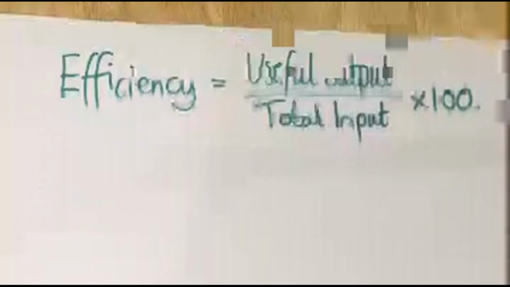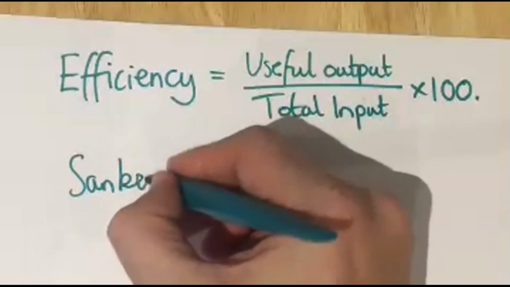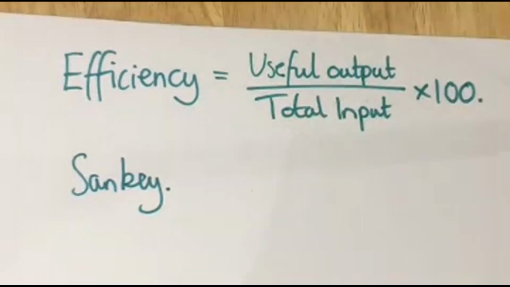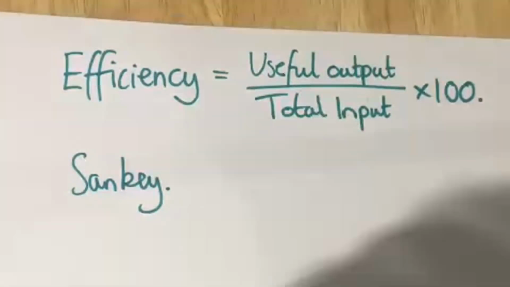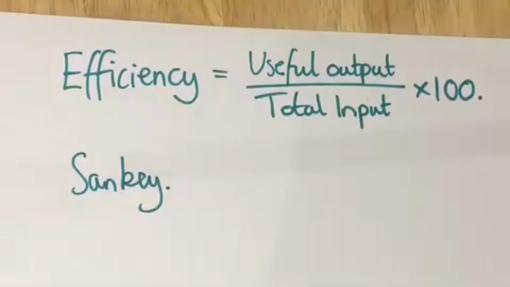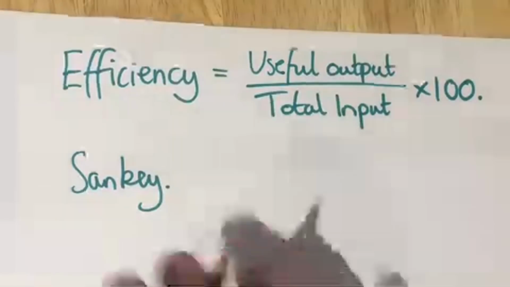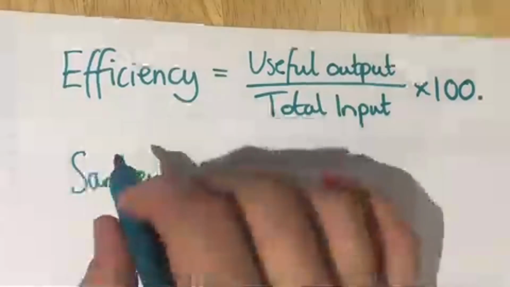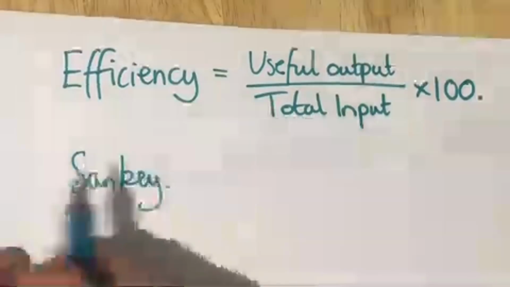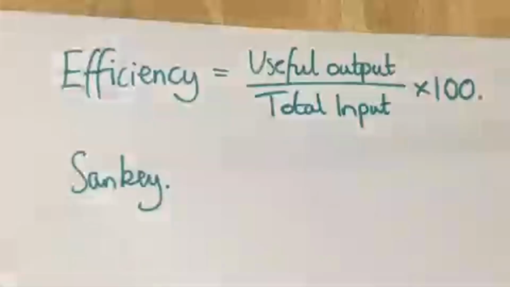So a Sankey diagram is basically a visual way of doing this. Don't worry too much about it. The key thing with a Sankey diagram is that whatever is useful continues on, and it's to scale.